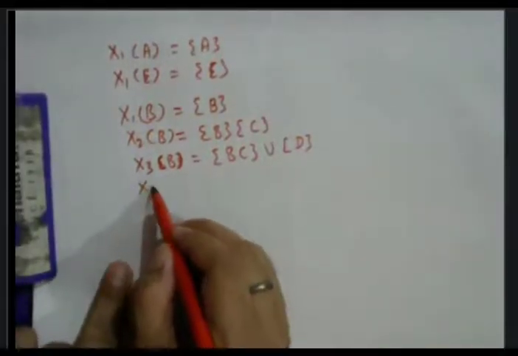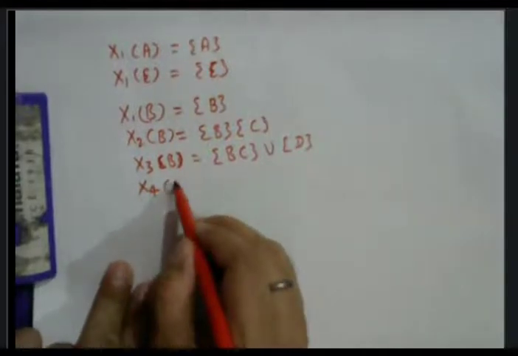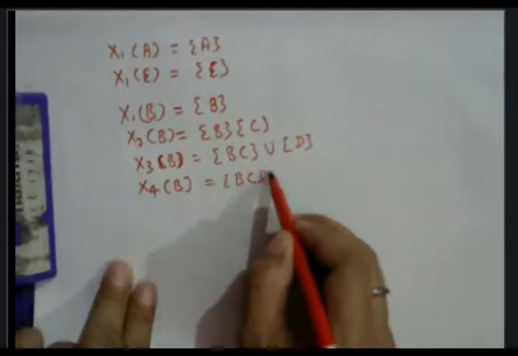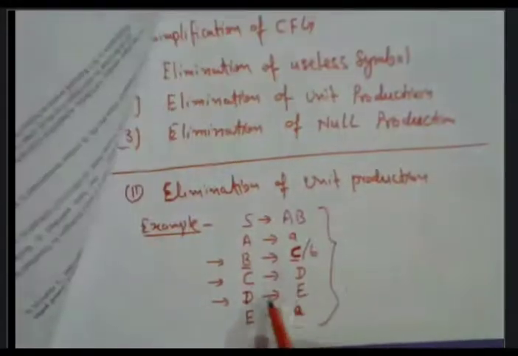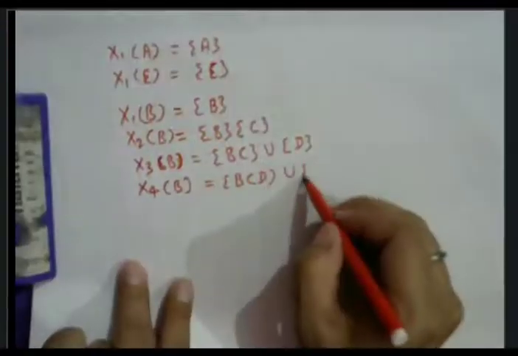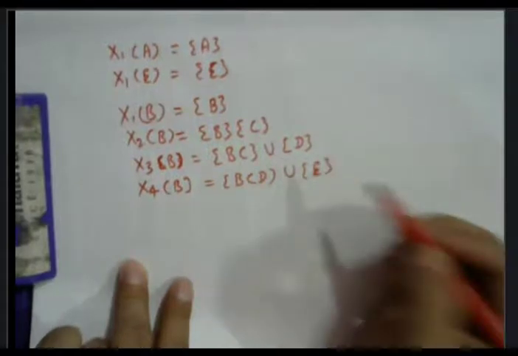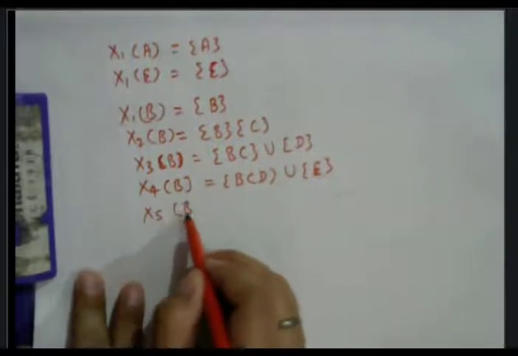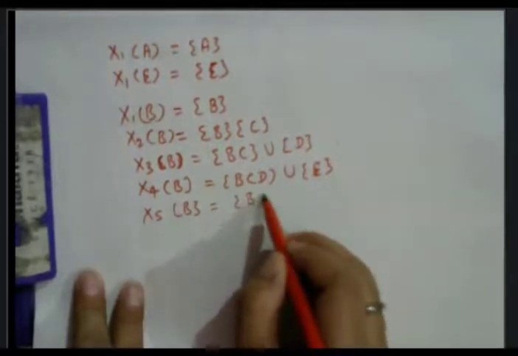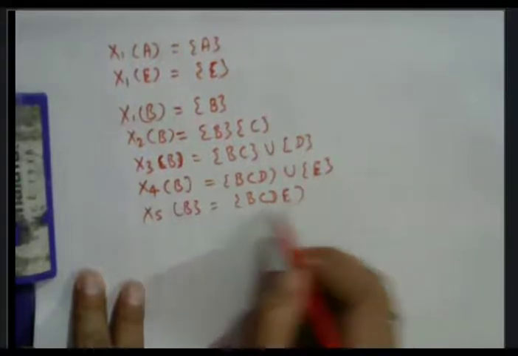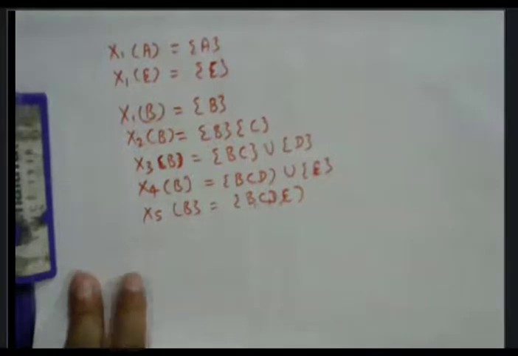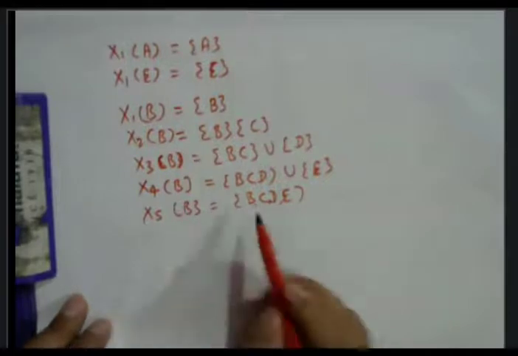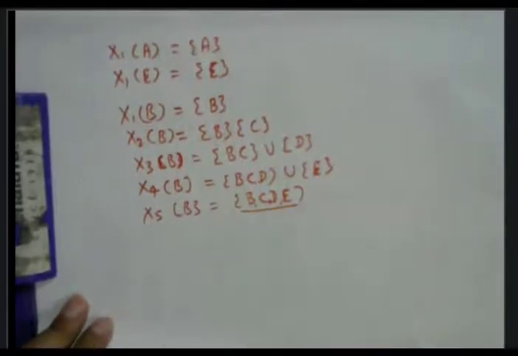Again you can calculate the value of x4 of B, which means B C D union, and there D can derive E. Then for x5 of B, there is only B C D and E. There is no further description: B can derive C, C can derive D, and D can derive E. The value of B has four components, 4 unit productions.